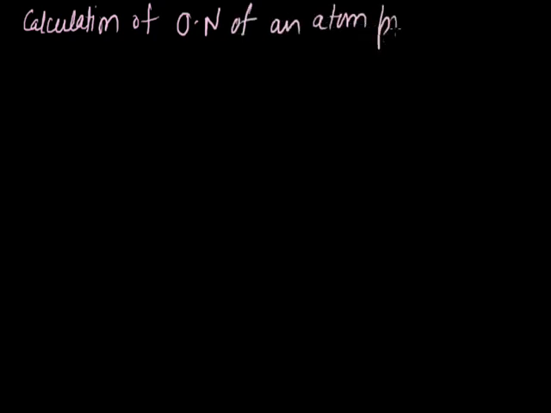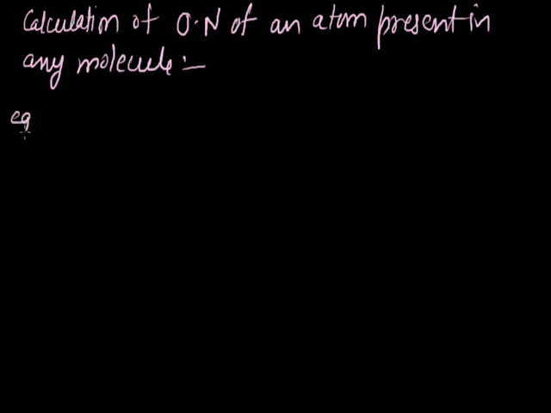Now we can take an example for this calculation of the oxidation number of an atom present in any molecule. For example, in Na2S2O3, if we want to find out the oxidation number of sulfur, we can use the above rules.